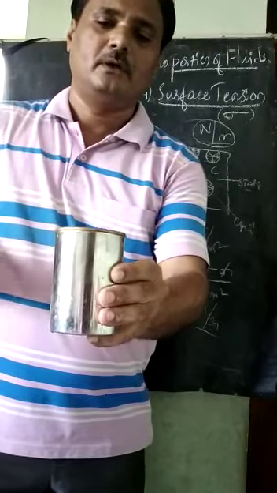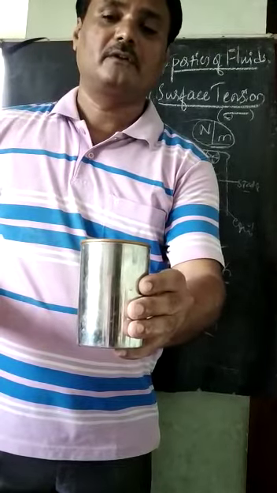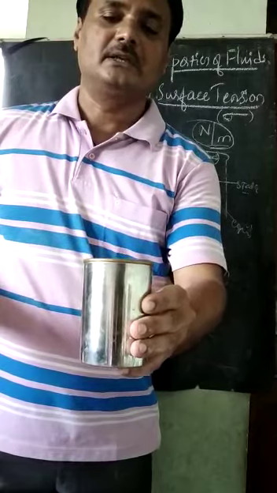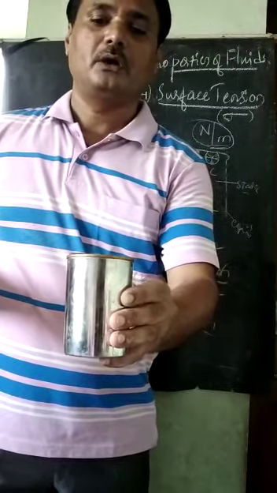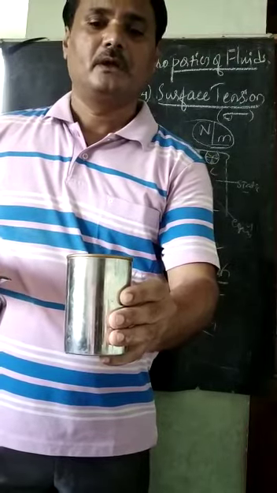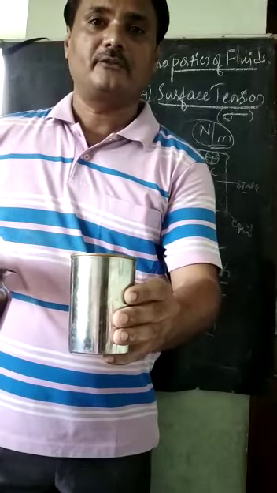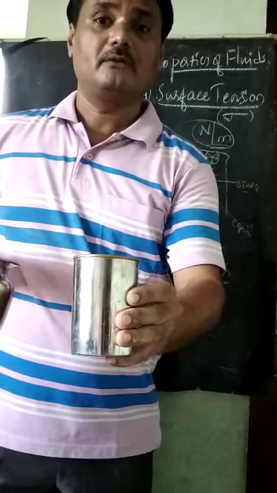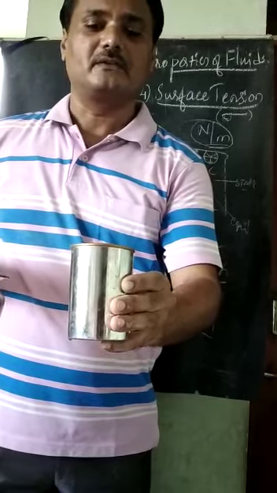Now you can observe that the water is above the surface of the glass, but even though it holds the fluid particles. Means above this water surface there is air, and there is water. In between these two, a surface has been created that is under tension, that is called the surface tension in this case.